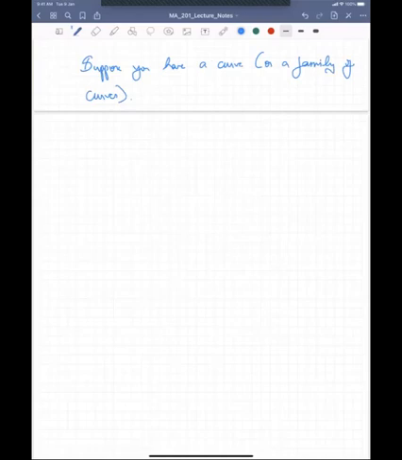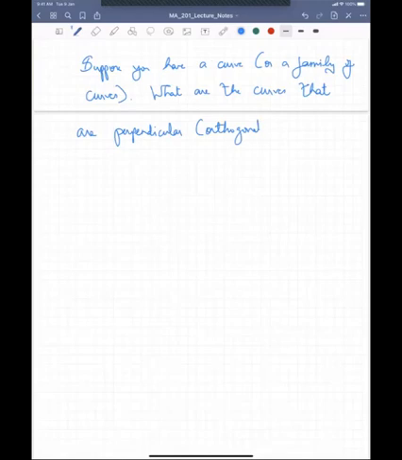Okay. What are the curves that are perpendicular or orthogonal to the first set? Okay. So how do I determine this?